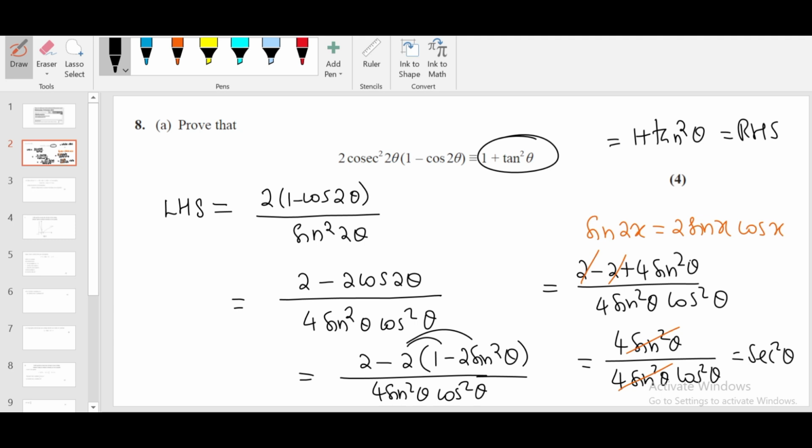That's all, hence proved. It's an easy 4-mark question, but you need to know this double angle formula, sine 2x and then this cos 2x and then secant square minus tan square is equal to 1. You need to know these identities in order to solve this.